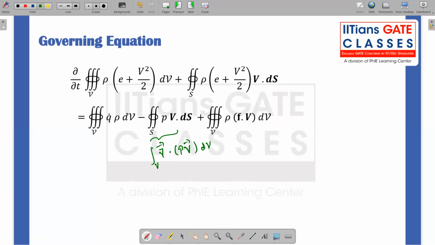Similarly, for this part, if I apply the Gauss divergence theorem, that is a volume integral of the divergence of rho times (E plus V square by 2) times the velocity vector V, dV. These two are scalar fields and the velocity vector.